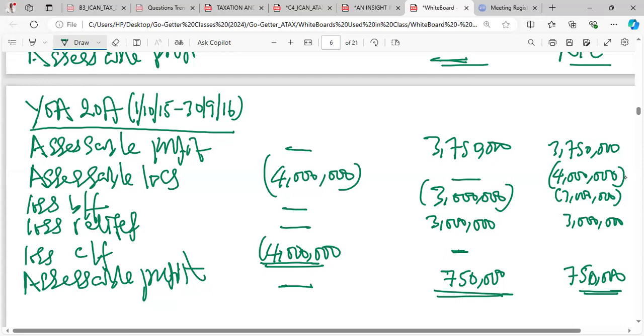Now this is the actual taking away of the 3 million from it. So it's not going to be this minus this plus this. No. This is being relieved here. So this is as good as not entering here.